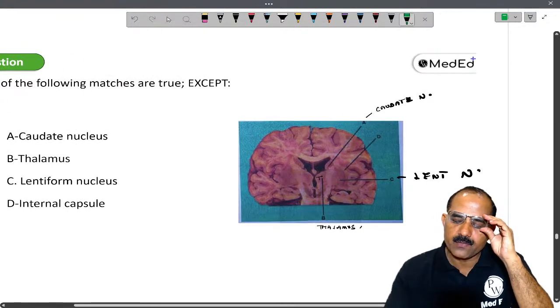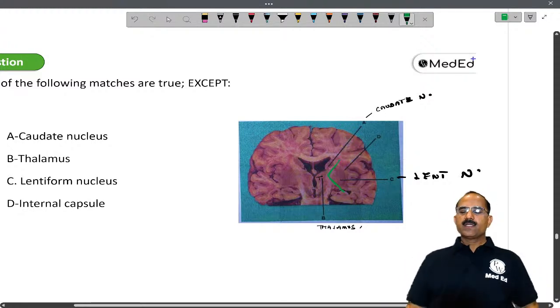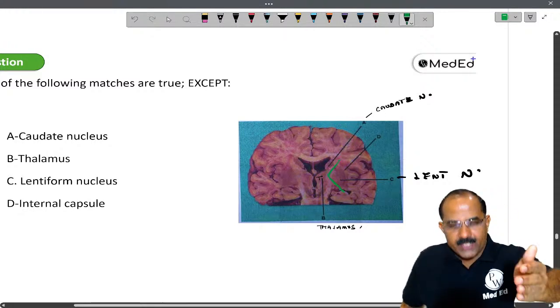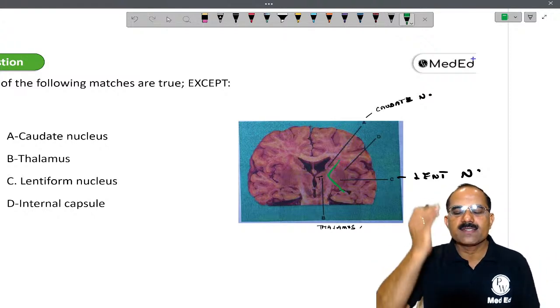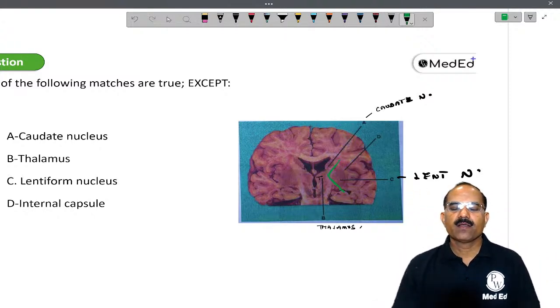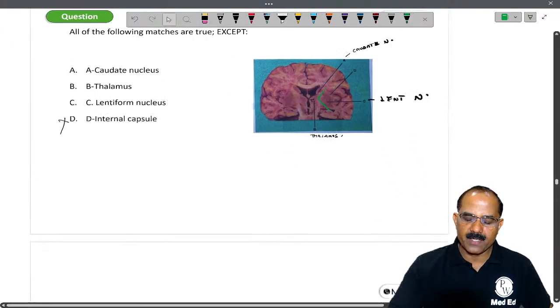Internal capsule will be present between the caudate nucleus and thalamus medially and lentiform nucleus laterally. External capsule के बाद incisura आता है.